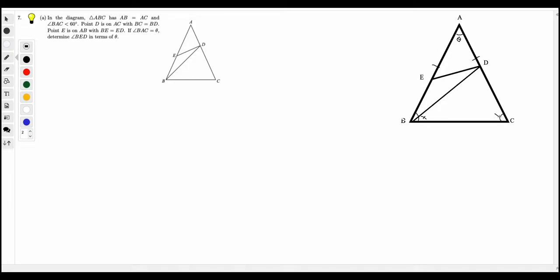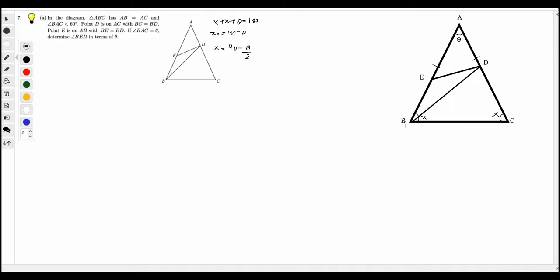And since all angles in the triangle add up to 180, in terms of theta, x plus x plus theta is equal to 180. And next, 2x equals 180 minus theta, and x equals 90 minus theta over 2.